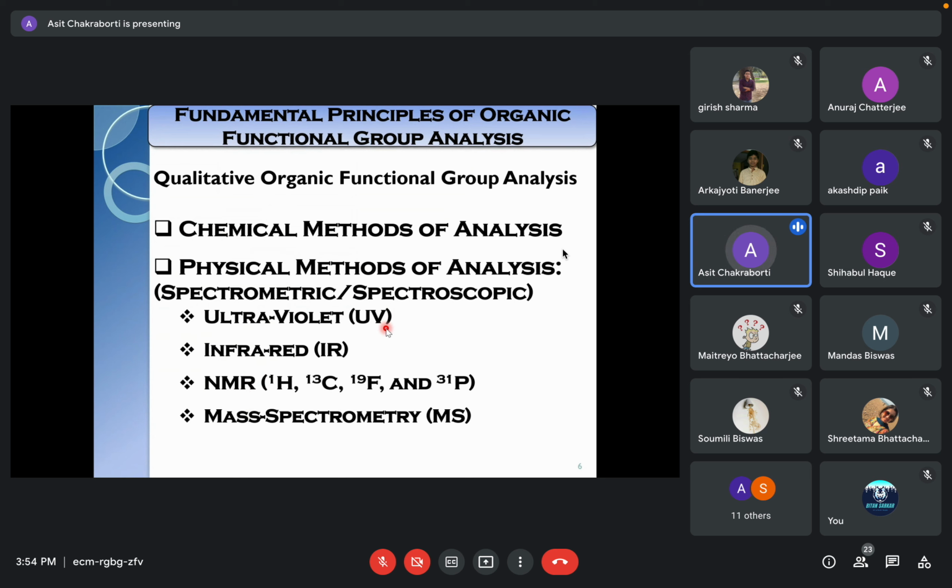So you can measure the photons. That's called photometric. The build-up of the instrument is such that only in UV-visible can you measure the intensity.